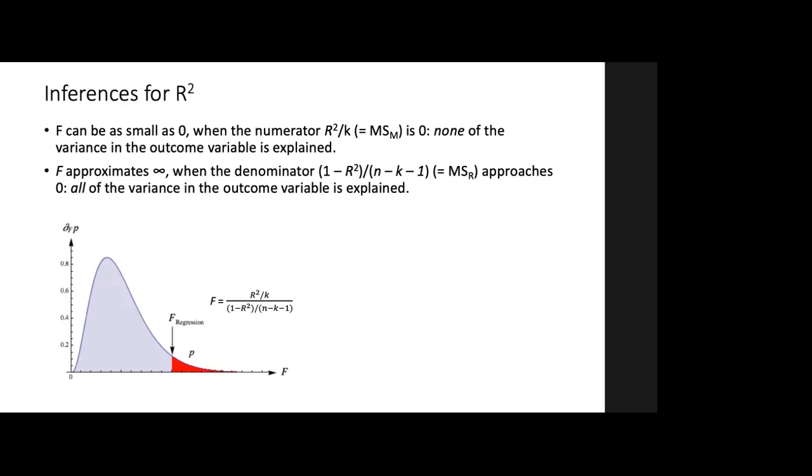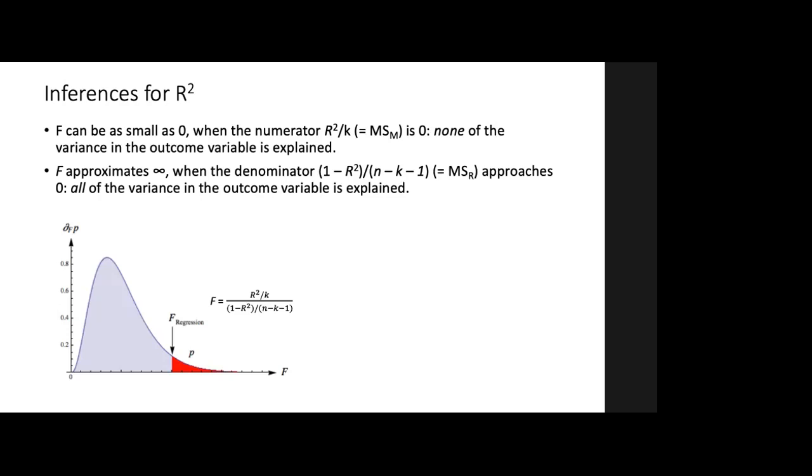It's just something that might be worth looking into further. But if you find a really large F value, then if that sample came from a population where the true coefficient of determination is 0, so where our model is useless, where it's not possible to distinguish our model from the null model, so it's not better at predicting the outcome than a null model, that would be very unlikely.